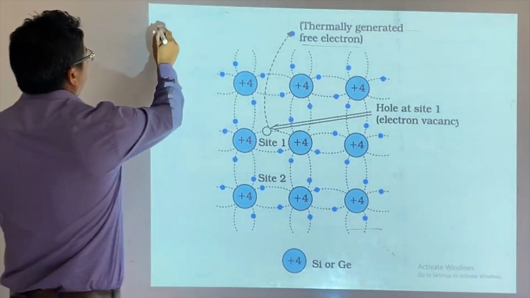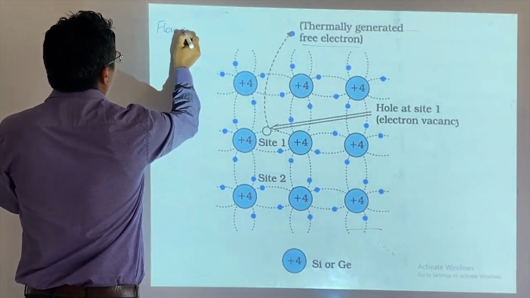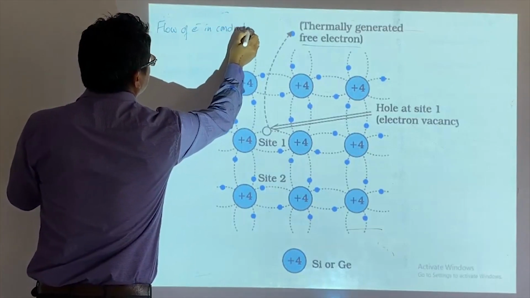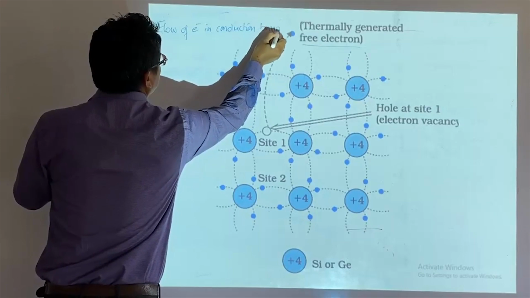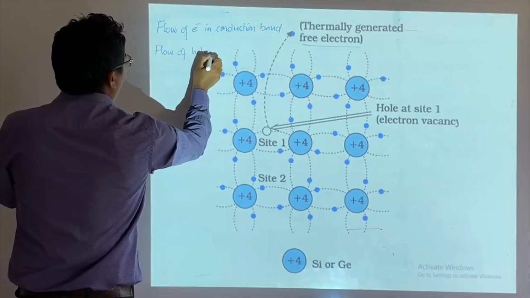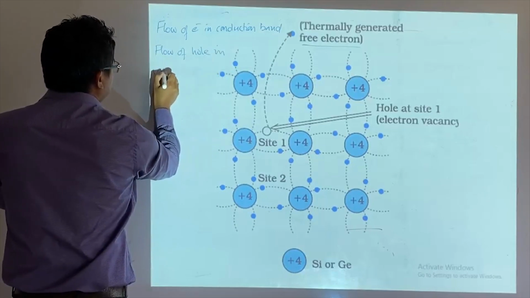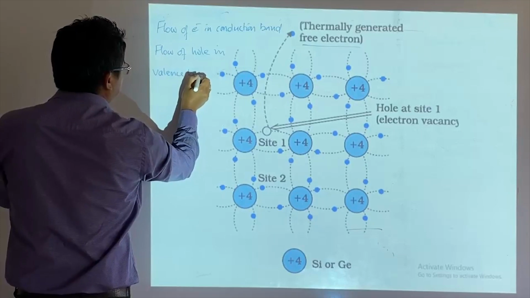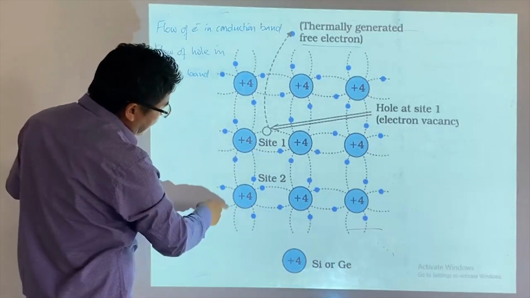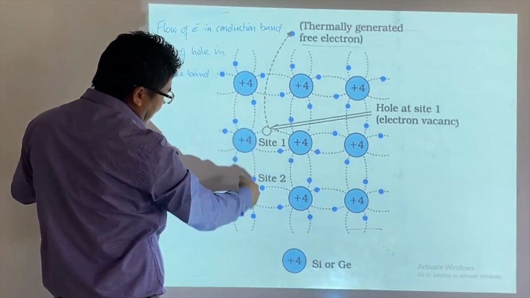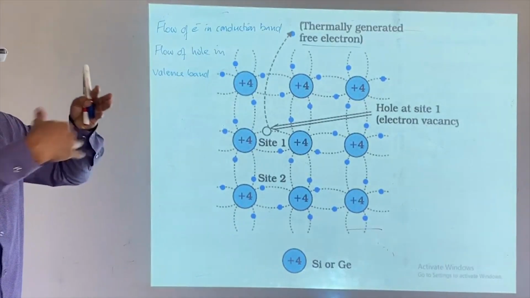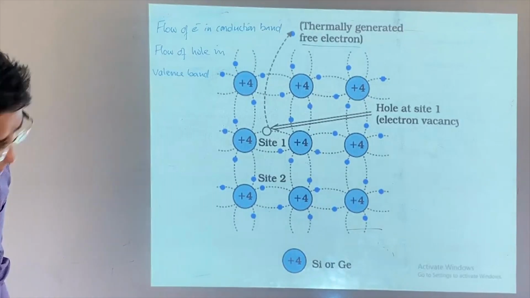I write here: flow of electrons in the conduction band, and a flow of holes in the valence band. This is how it goes, right? Site number 1 and site number 2 get occupied in turn, and this is how it goes on. However, the movement of electron is opposite to the movement of hole. Why? Because one is a positive charge, the other is a negative charge.